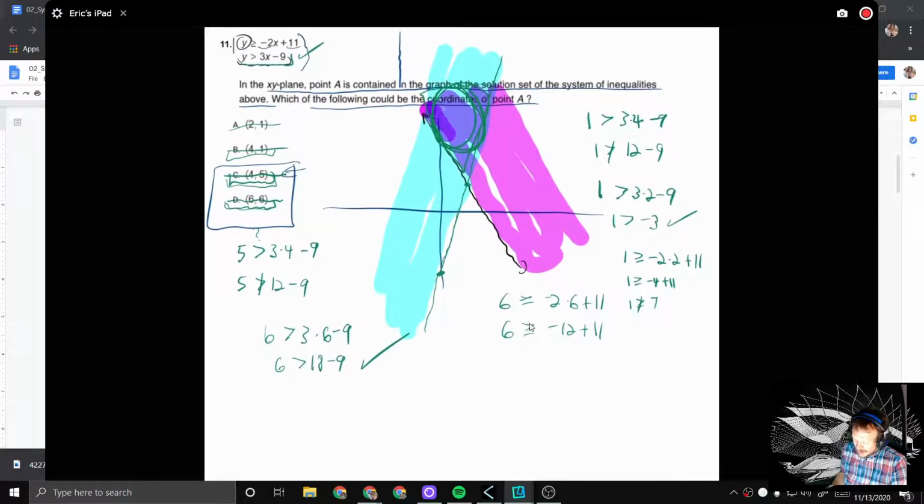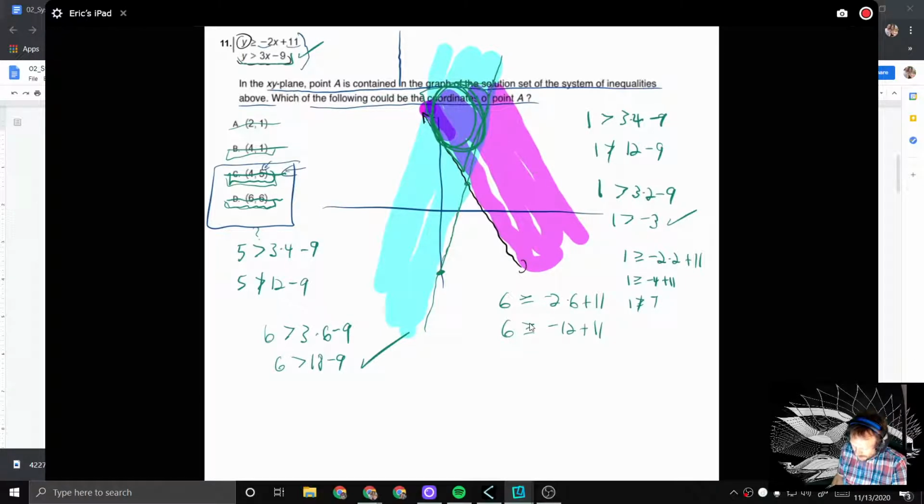So I'm going to check C first. So 5 is the value that should go in for Y, and 4 is the value that should go in for X. If I plug that into this equation here, I get 5 greater than 3 times 4 minus 9. 5 greater than 3.